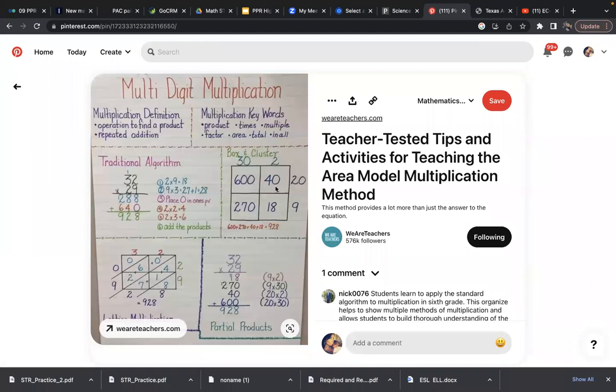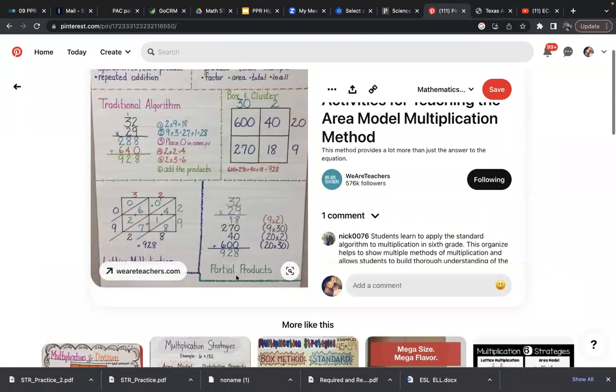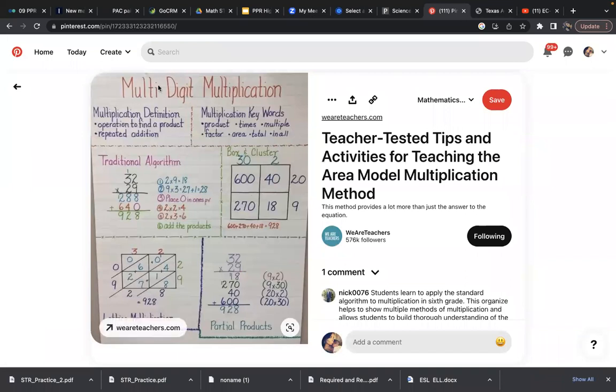Oh, here's the area. This one is called box clutter. Partial products is a way, and they're all ways for multiple digit multiplication, and they need to be fluent in all of them. They're mentioned because they need to have multiple means of understanding and getting to the product.